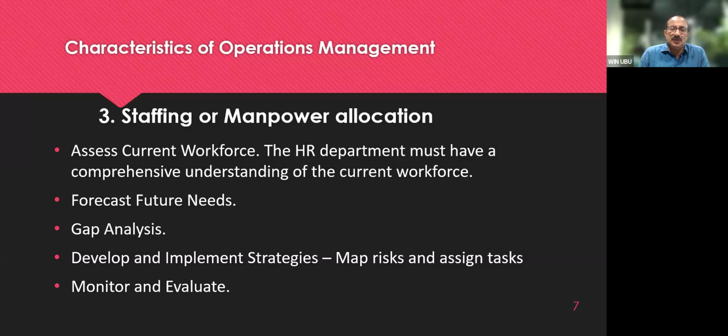Give the tasks to employees, give them training, and assign the tasks. Then monitor and evaluate. A continuous monitoring system is there. All organizations continuously monitor staff productivity.